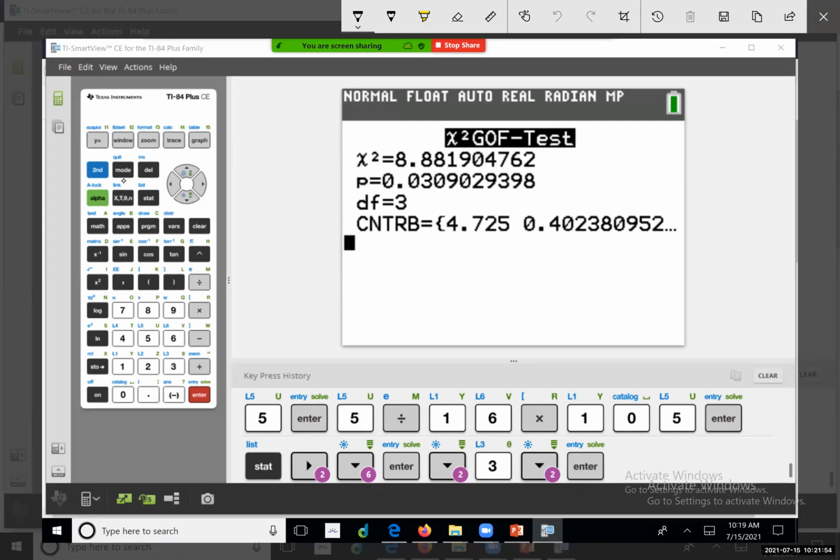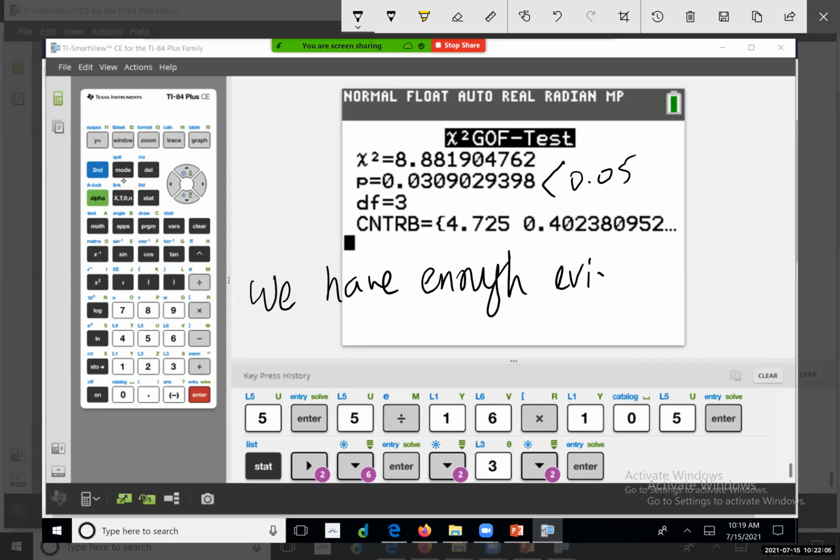So that's less than 5%. So we have enough evidence to support that the number of games played and the observation are different.